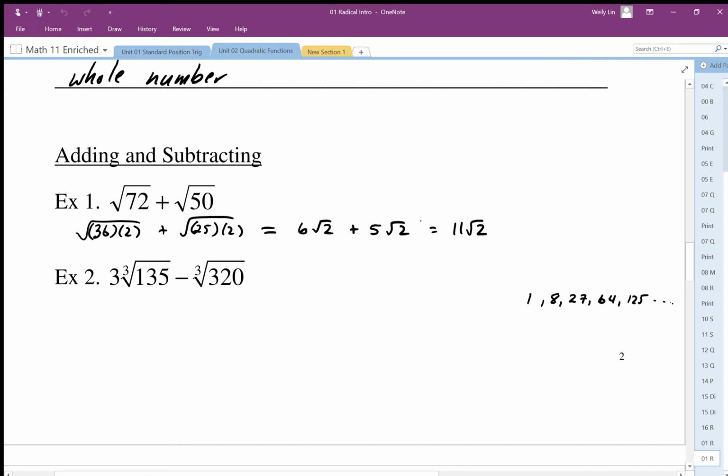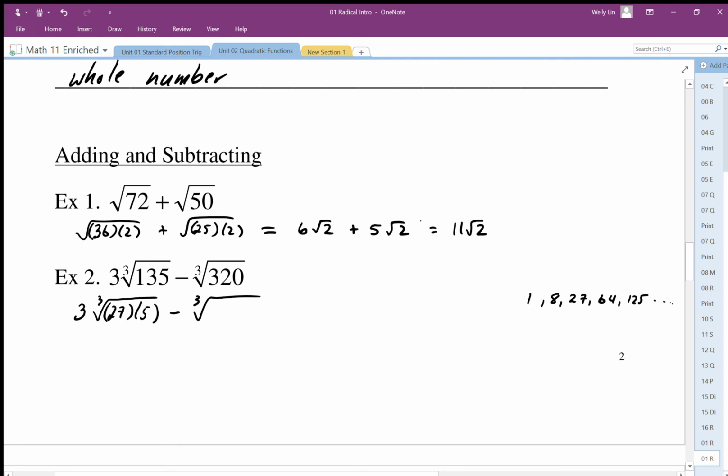And when I look at 135, 135 is divisible by 27. Okay, so when I write this out, I can write this as 3 cube root 27 times 5. So I need to identify my perfect cube factor in there.